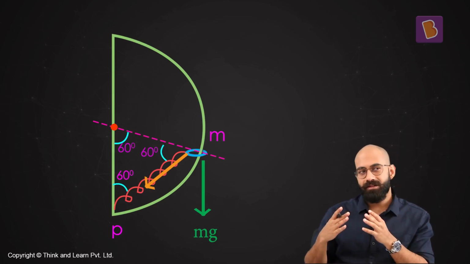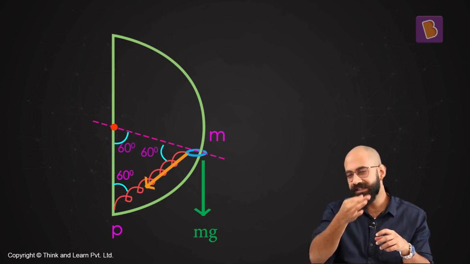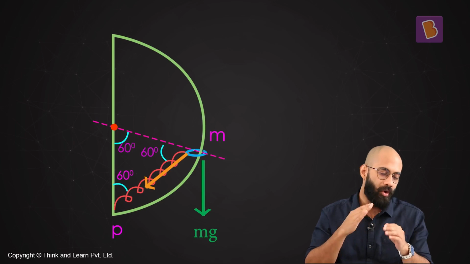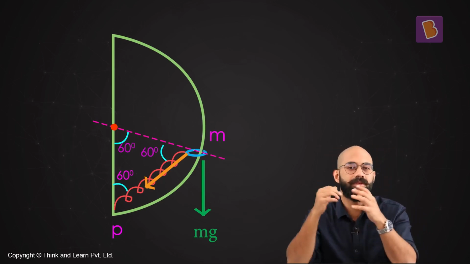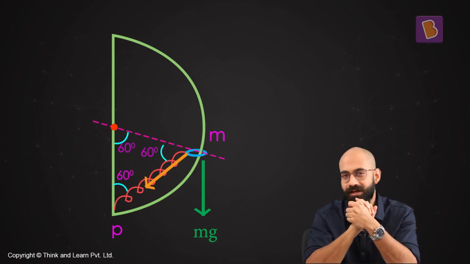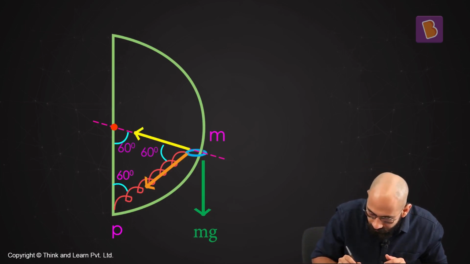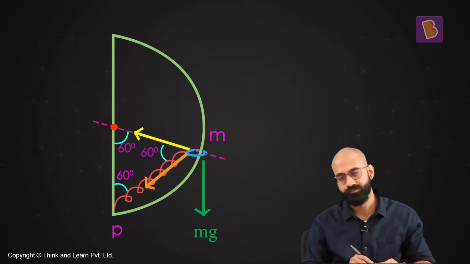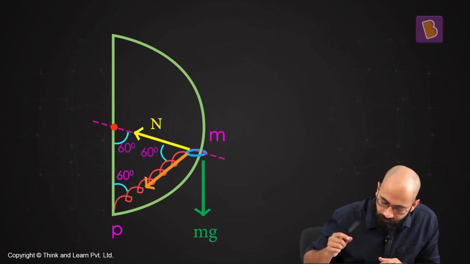It has to be in a direction toward the center, because we can assume that it's like a very tight ring that's around this frame. So all the forces coming from this frame have to be in that radial direction, right? So therefore, it has to be in this direction. And let's call this N. This is the normal force.